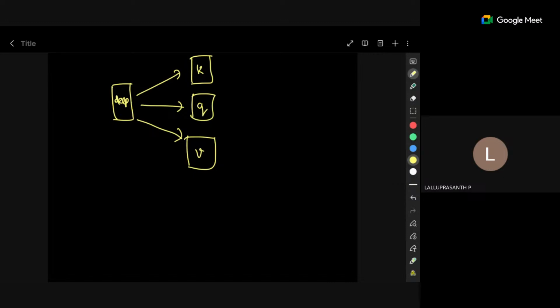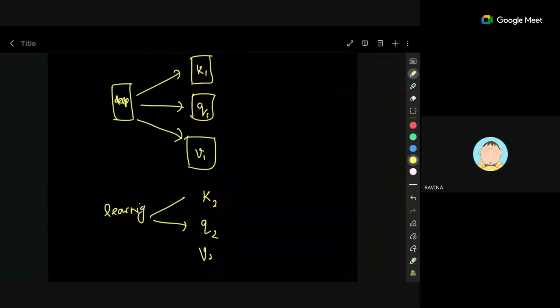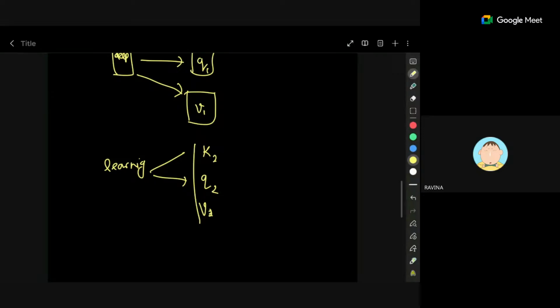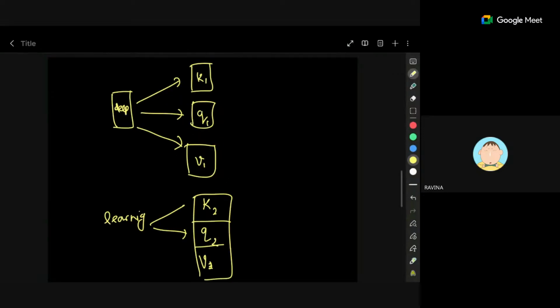Now I wanted to find, with respect to learning, how much attention deep is paying to learning, right? So that's my target. Now learning will also do the same thing. It will also have q, k, and v. These are another set, right? If I give a subscript, let's say one for this and two for that, I get three things from here and three things from there.